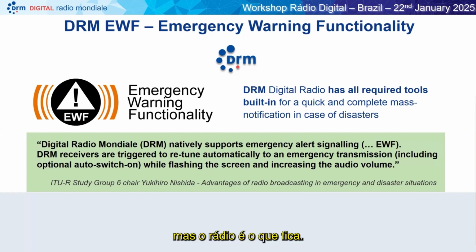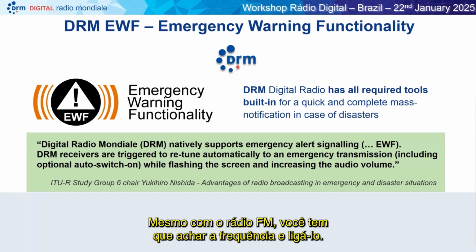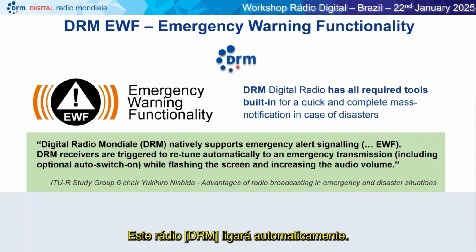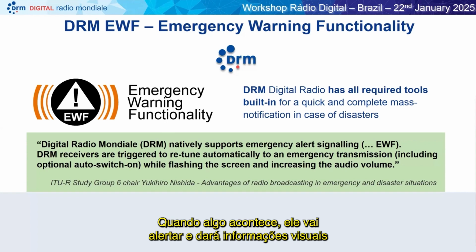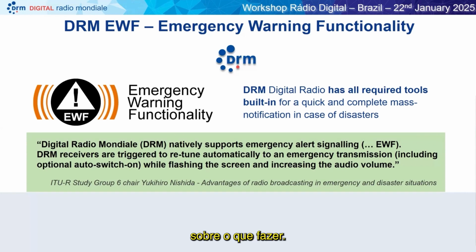But radio is there to stay. Other than the FM radio, where you really have to find the frequency and switch it on, this radio will automatically switch on. When something happens, it will alert you and give you visual information on what you have to do. It can be a lot more detailed than what you can have on an analog radio station only.